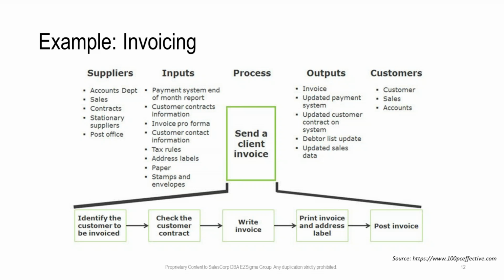In this one, it's just a straight laundry list, and often you see it this way because you may have redundancy around who all the suppliers are and inputs. Sometimes you'll see it line by line, where you've got the specific suppliers and inputs to that step in the process, the specific outputs of that process, and the specific customer of that process. So there are different ways that you can put it together depending on what you're trying to learn and what works for you.